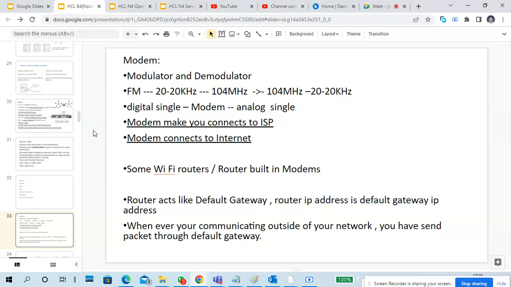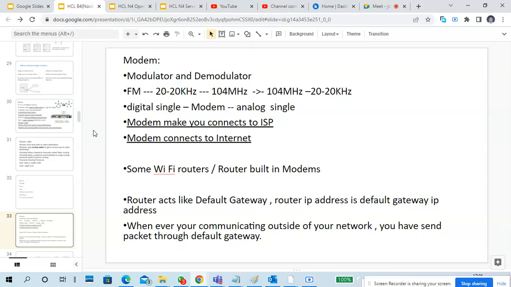Later FM radio came. FM radio in India has a frequency range of 88 to 108 megahertz, not smaller frequencies. Guys, when I'm speaking, my voice level is 20 hertz to 20 kilohertz maximum, and my hearing capacity is also 20 hertz to 20 kilohertz.